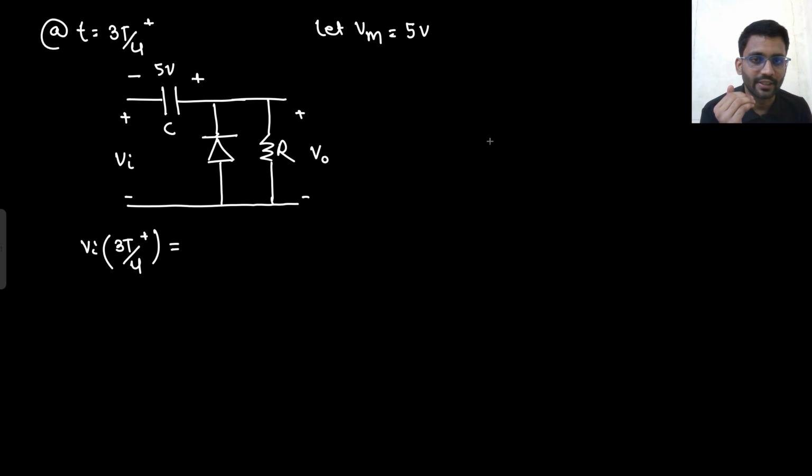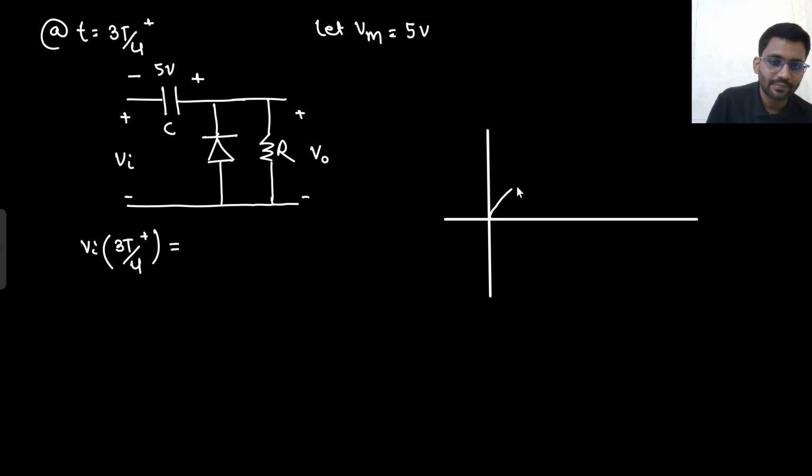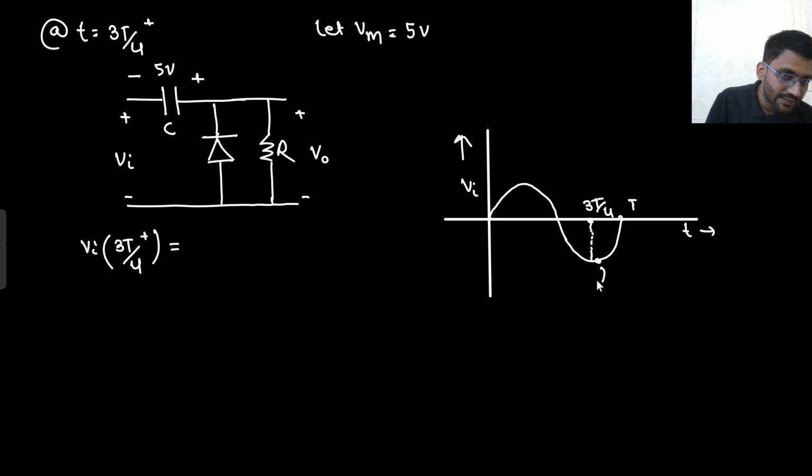Let's make the input voltage here. This is 3T by 4 and this is time T. This is your V. So at 3T by 4 plus, this will be the value.